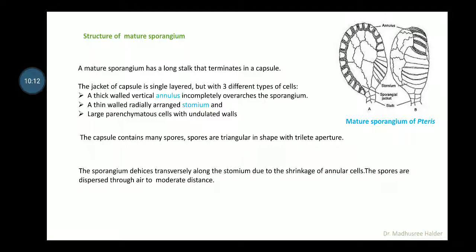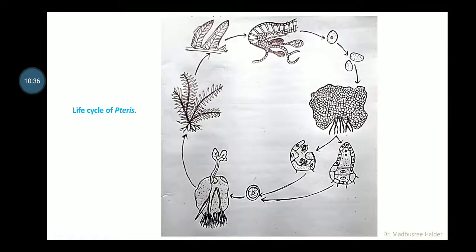The sporangium dehisces transversely along the stomium due to the shrinkage of annular cells, and the spores are dispersed in the air to a moderate distance. So the main function of the stomium is to dehisce and disperse the spores, while the main function of the annulus is to protect the sporangia and spores.